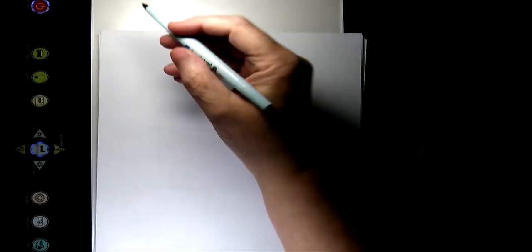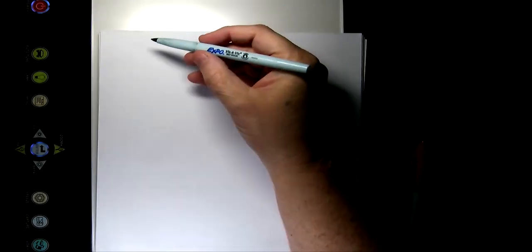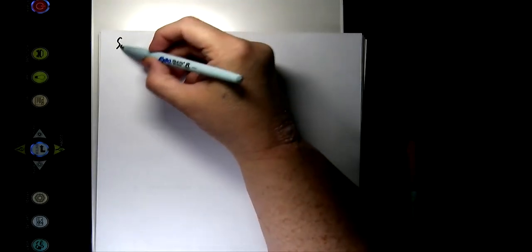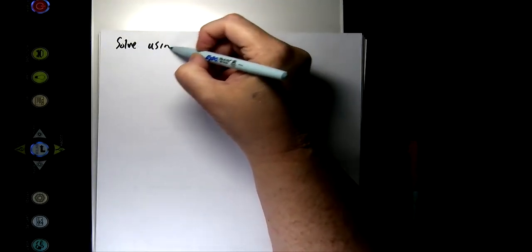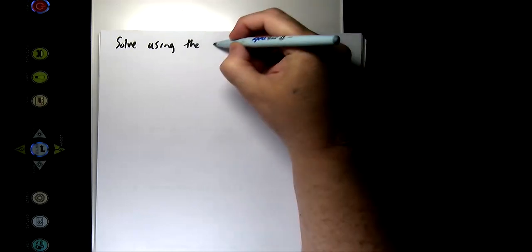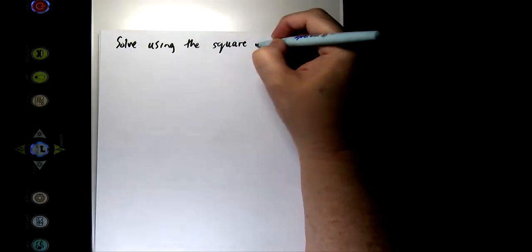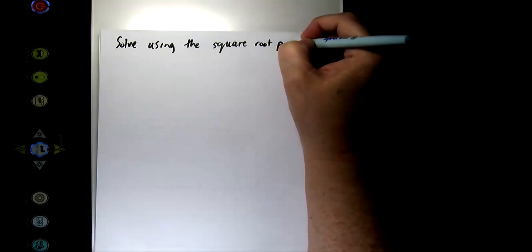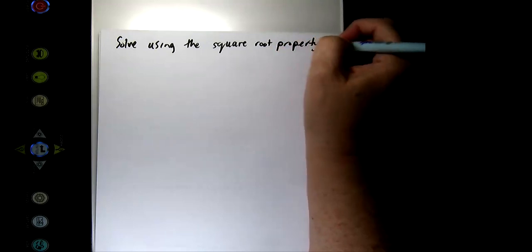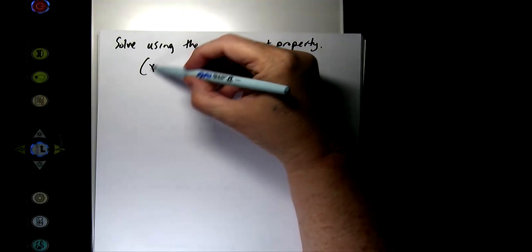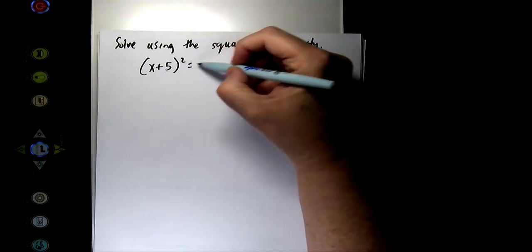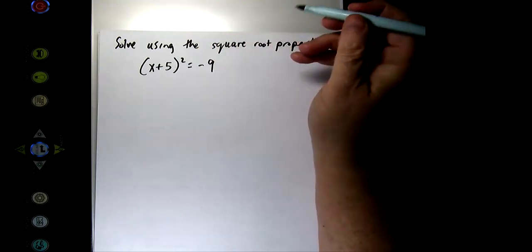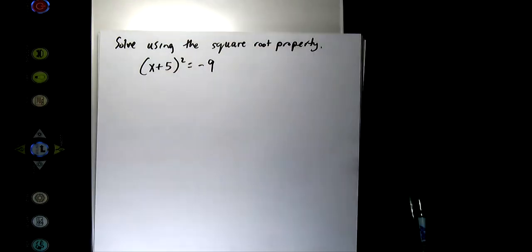The next one has. Solve the equation using the square root property. So we want to tackle this by taking the square root of both sides.